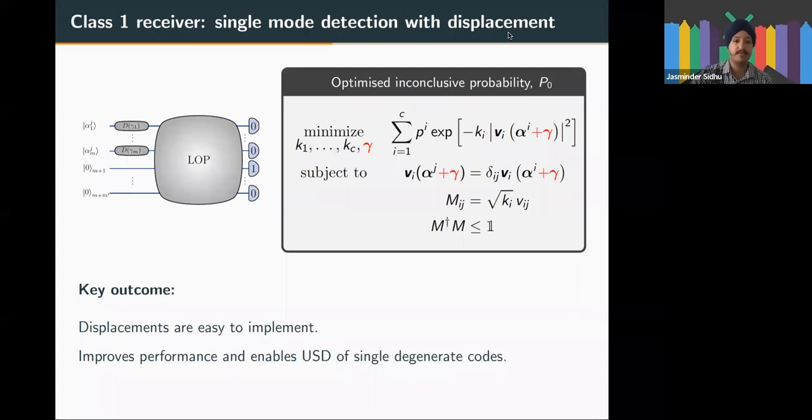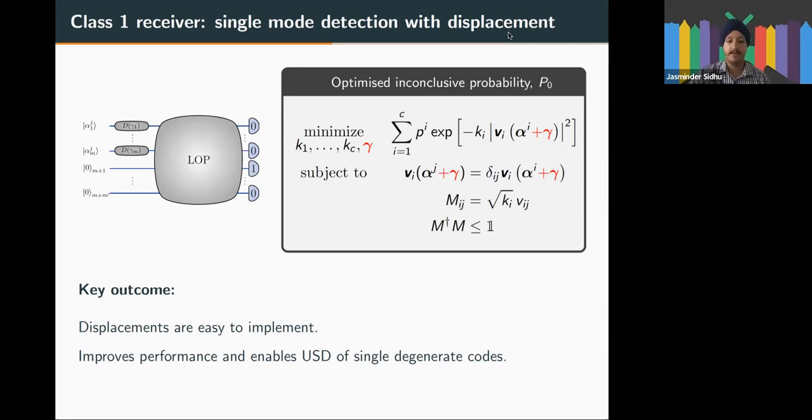Now, the optimized performance of this receiver is given on the right-hand side. And the key outcome of this is that displacement operations are still easy to implement. But importantly, this receiver improves the performance and enables unambiguous state discrimination of single degenerate codes.